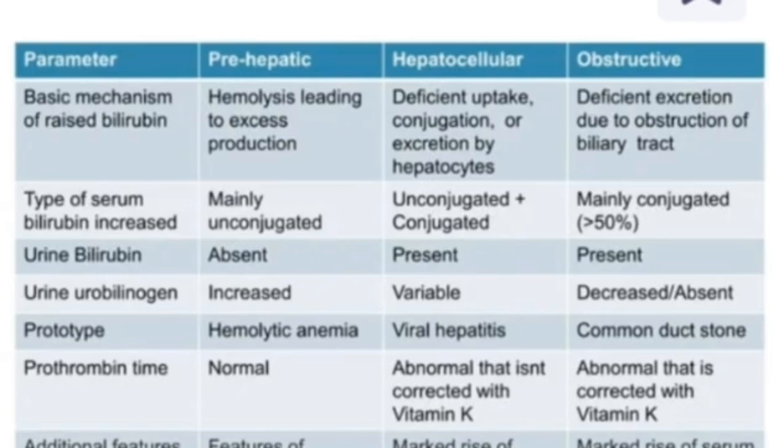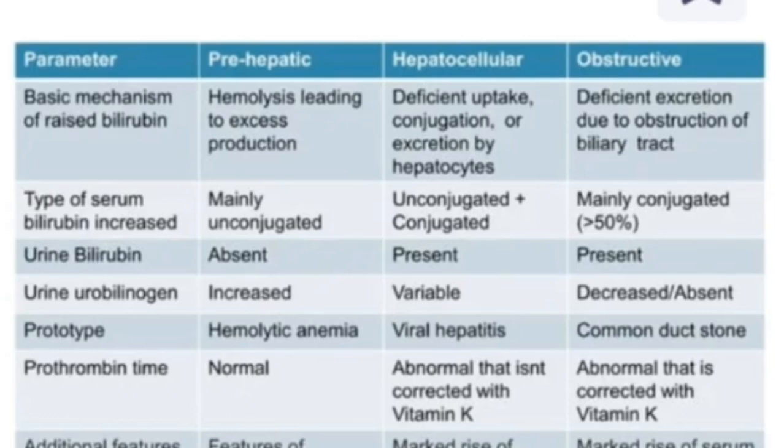Why will conjugated and unconjugated increase? Because the inability of the liver cells to conjugate the bilirubin will cause excess unconjugated bilirubin. Two, the ones that are conjugated, if there is any bilirubin that is conjugated in the liver, because those bilirubin are not properly excreted due to accumulation, then the conjugated bilirubin will also increase.